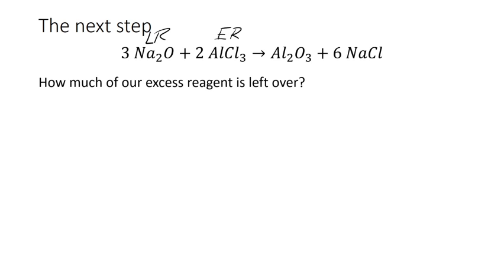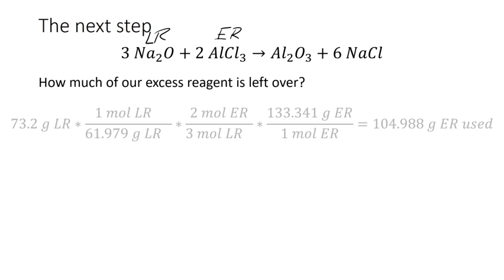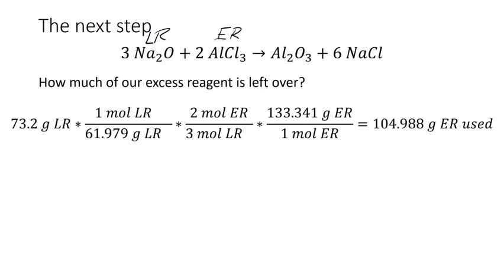And for this, we do one more stoichiometry, where we go from limiting to excess, because we want to figure out, and this is what stoichiometry is going to allow us to do, how much of our excess reagent is equivalent to the amount of our limiting that we started with.